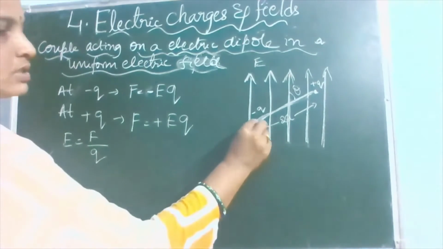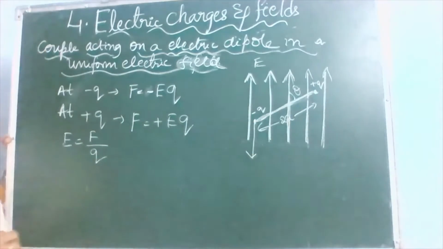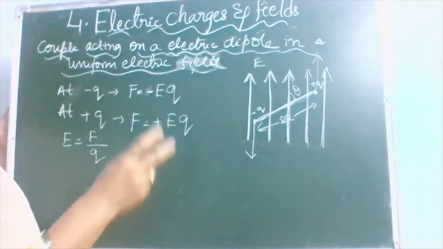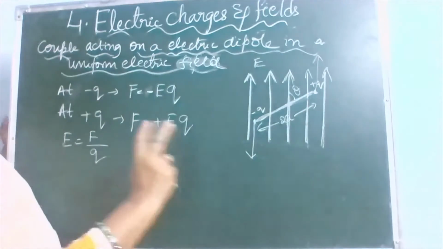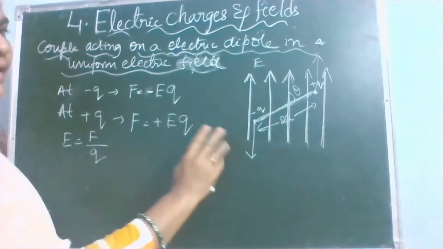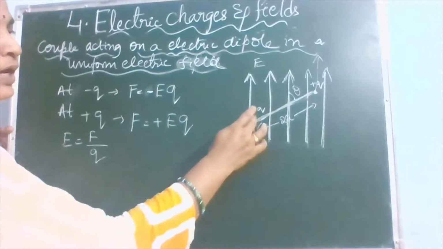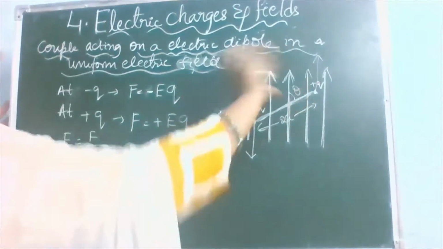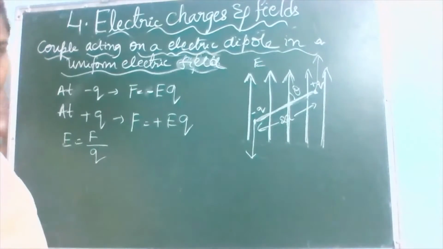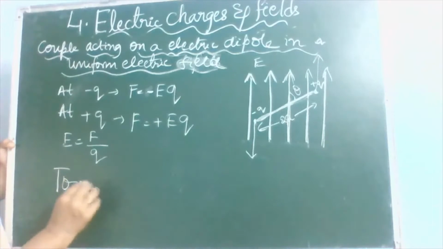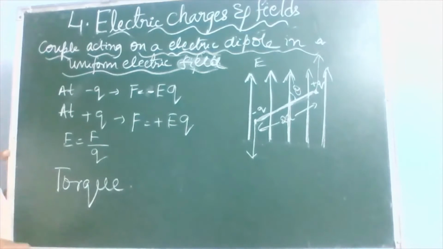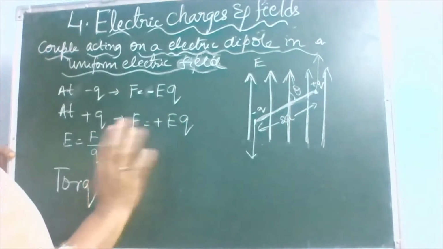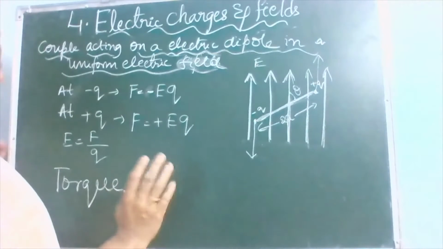That means in this direction the force will act, and in this direction force will act. So on the same dipole, if force acts in opposite directions at the ends, that means at this point in this direction and at this point in this direction, then automatically another physical quantity comes into existence, which is called torque. This is the force which acts on the same dipole in opposite directions.